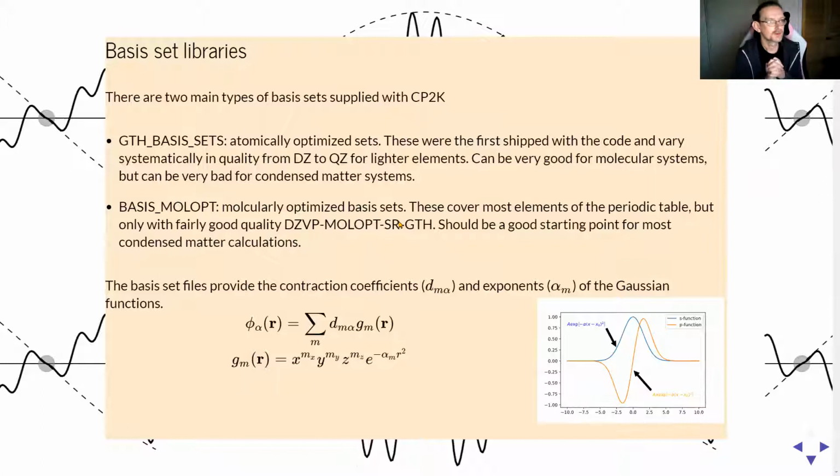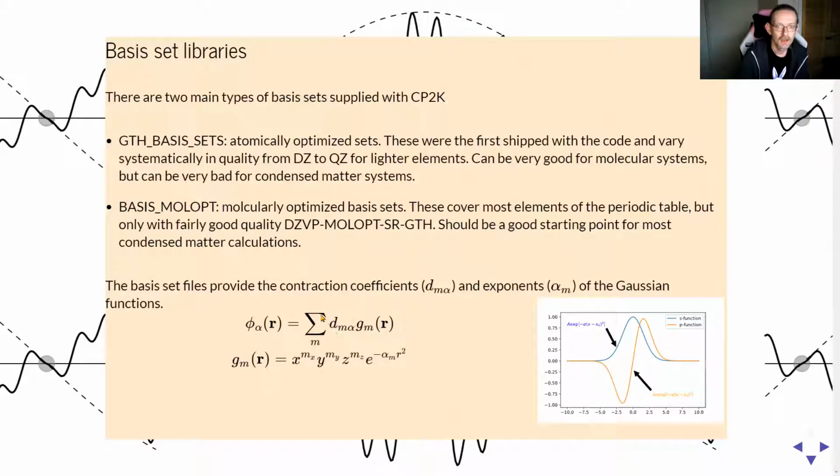As we're doing a sort of mixture of theory and practice, there are good quality basis functions for the entirety of the periodic table distributed with the code. The main ones used are the so-called molecularly optimized MOLOPT basis functions.